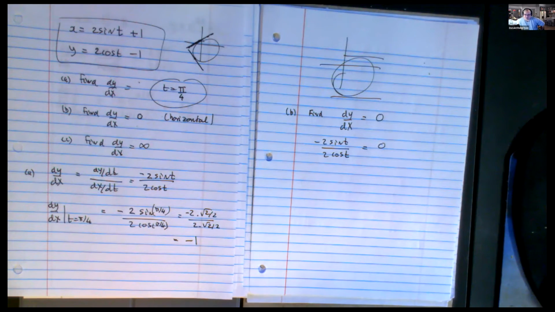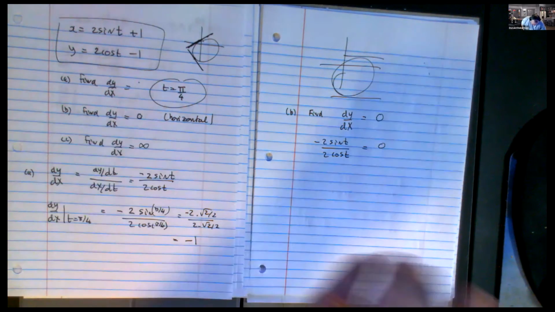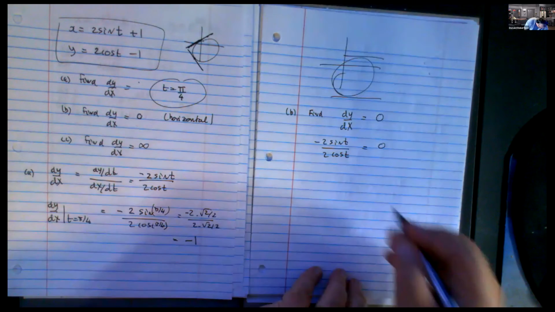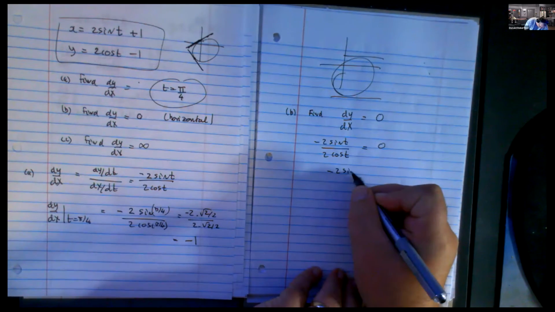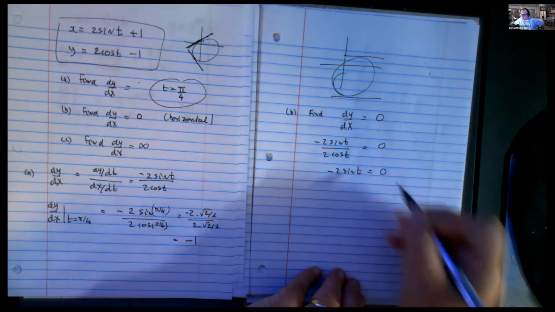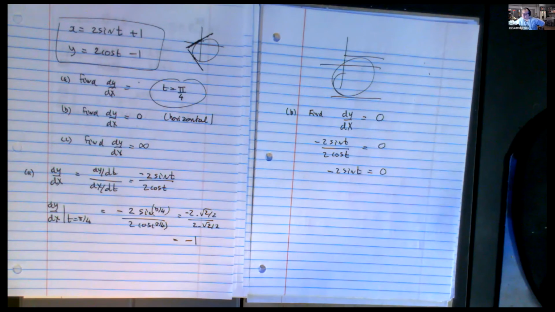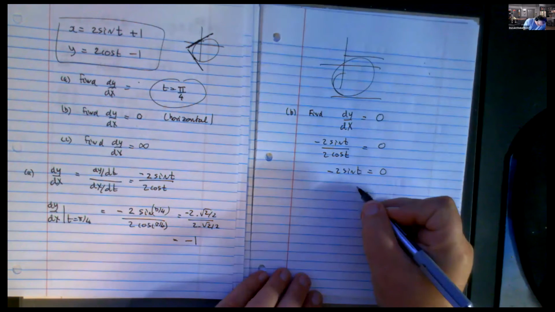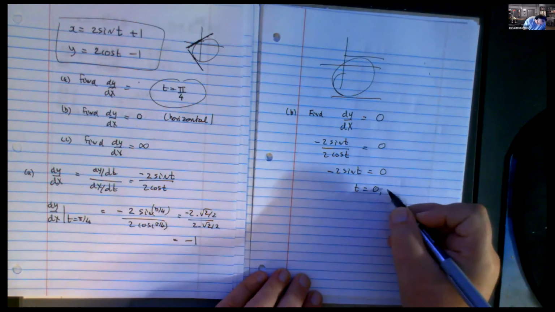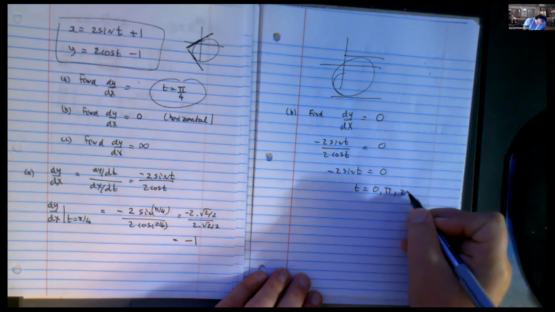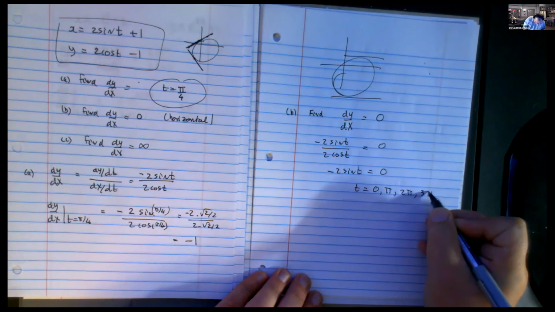One of the advantages of leaving these questions as a fraction is for questions B and C. If you want to know when a fraction is 0, don't you only need to worry about when the top is 0? Agreed? And this guy is at t equals 0, at t equals pi, at t equals 2 pi, at t equals 3 pi for eternity, right?